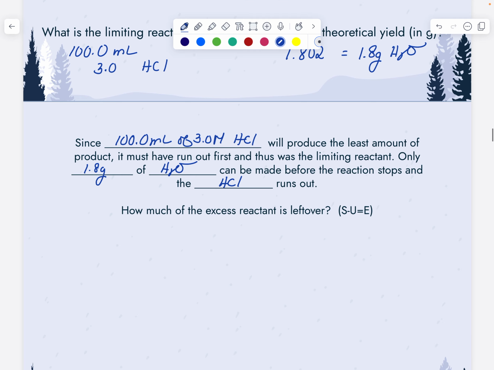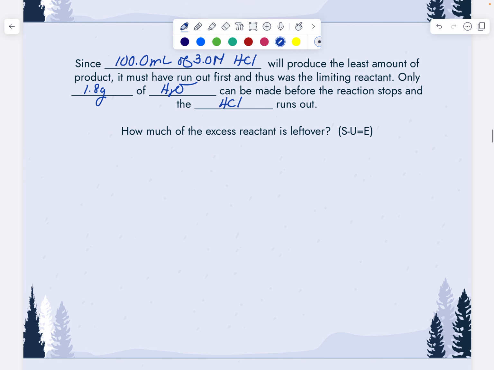Now we have that second half of the problem. How much excess reactant is left over? Remember, left over means didn't get used. And excess reactant is the reactant that isn't the limiting reactant. Our limiting reactant was the HCl, so the other reactant, the Fe2O3, is the excess reactant.